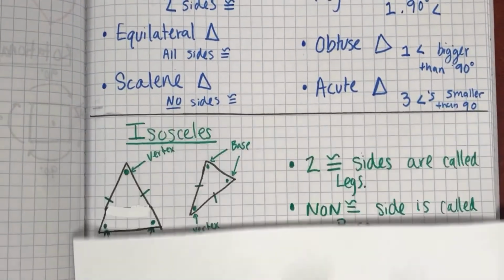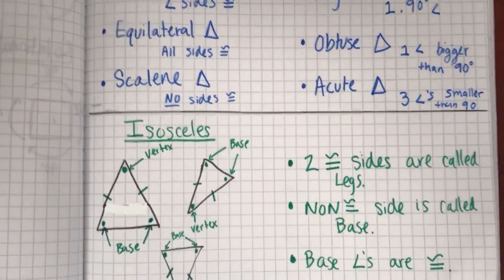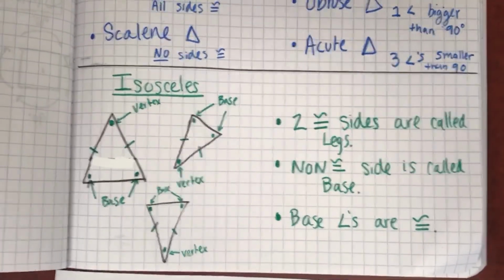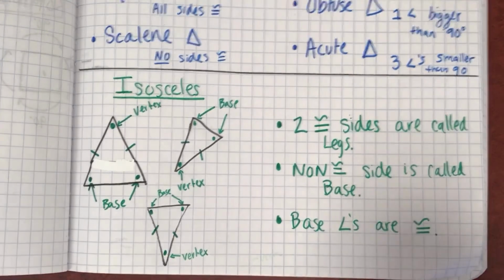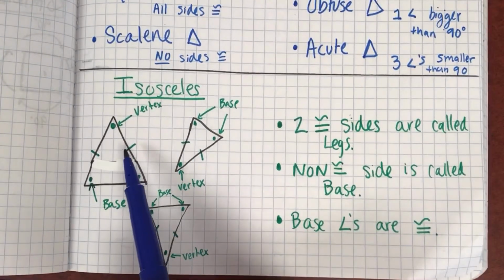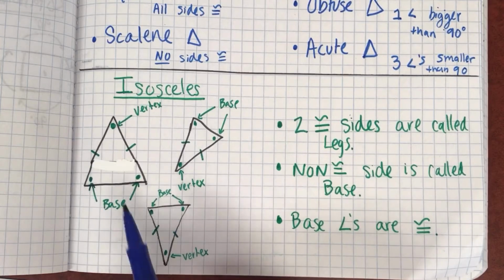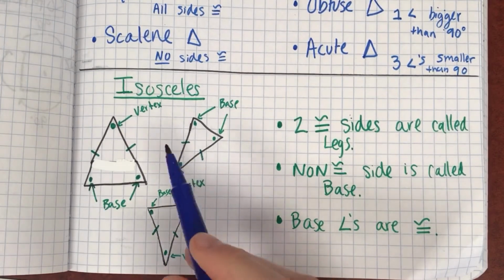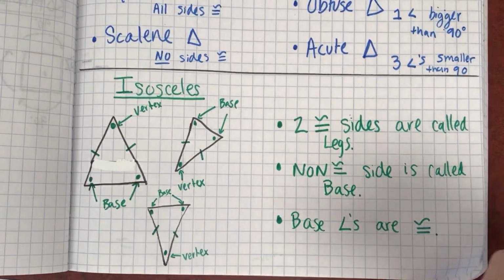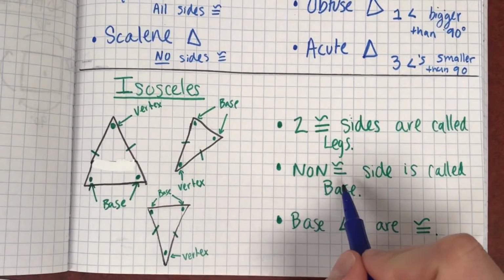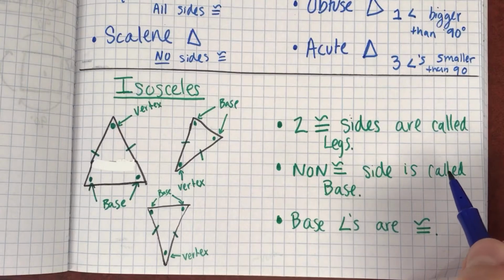So looking at an isosceles triangle, two sides are congruent, and those are called the legs. All right, and we use those tick marks to show that those are congruent, and these are all isosceles triangles, just showing how they can look. The non-congruent side is called the base.